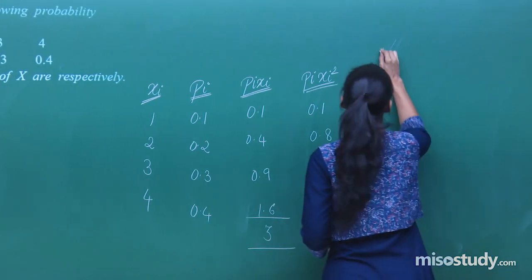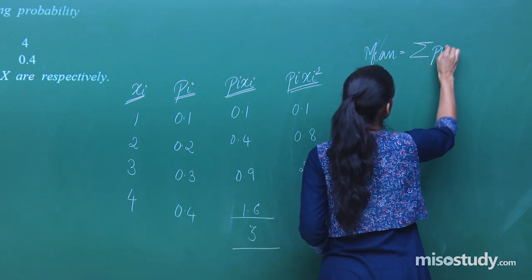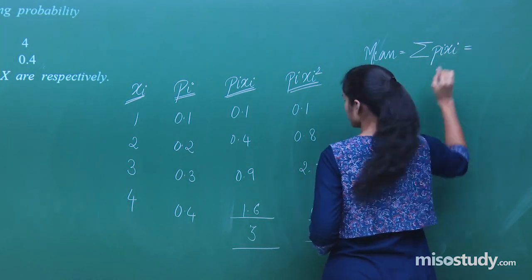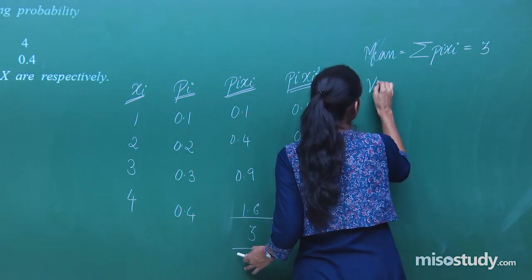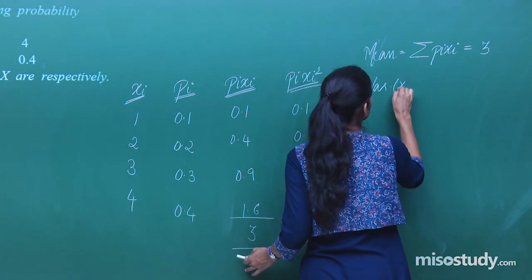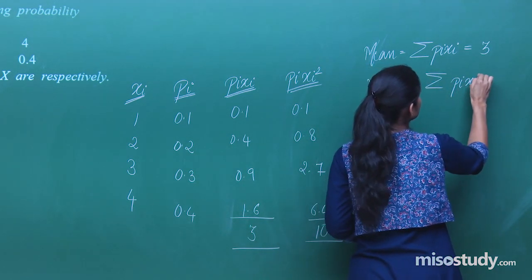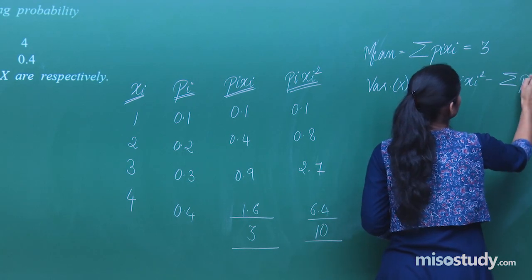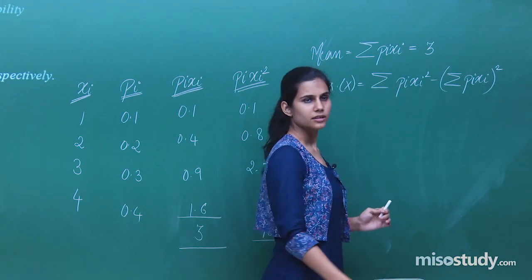What is it? Mean is summation pi xi. Summation pi xi we just found out it is 3, so mean is 3. What is the variance? Variance is summation pi xi square minus summation pi xi whole square.